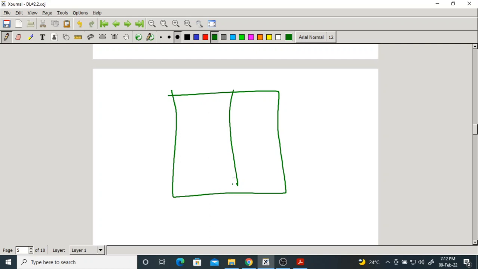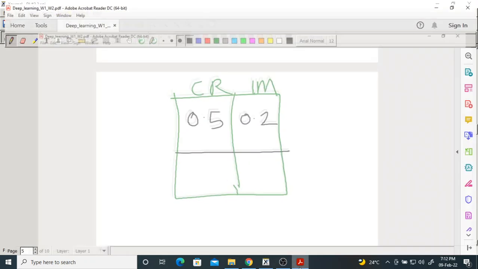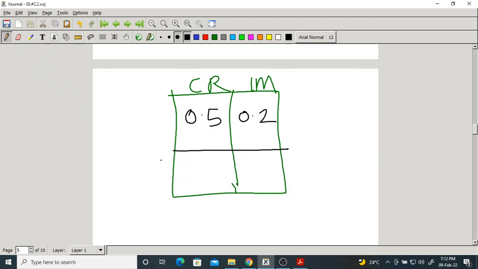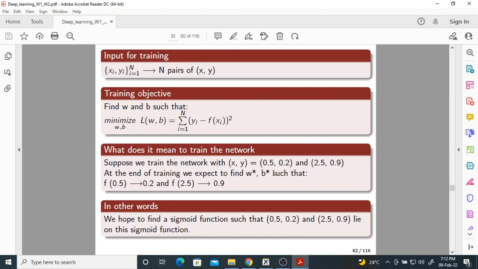This is a critics rating, this is the IMDb rating. 0.5, 0.2 is one data pair. The other pair is 2.5 and 0.9. This is the training data. Assume that I am giving only 2 points.